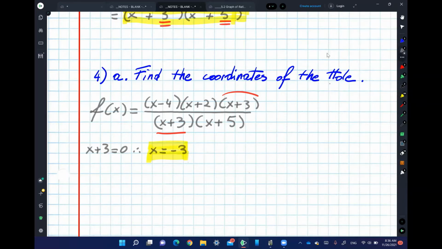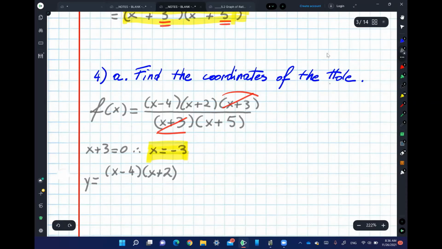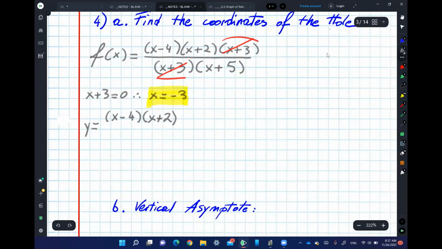Then, to get the y coordinate, I will just disregard this common factor, and the y coordinate would be x minus 4 times x plus 2 divided by x plus 5.